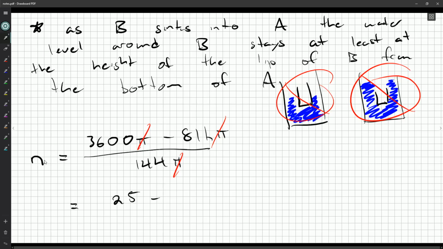And then 81 over 144. Well, we can divide both of those by 9. You'll get 9 on top and then 16 on the bottom. So 9 over 16h. So that's our value of N.